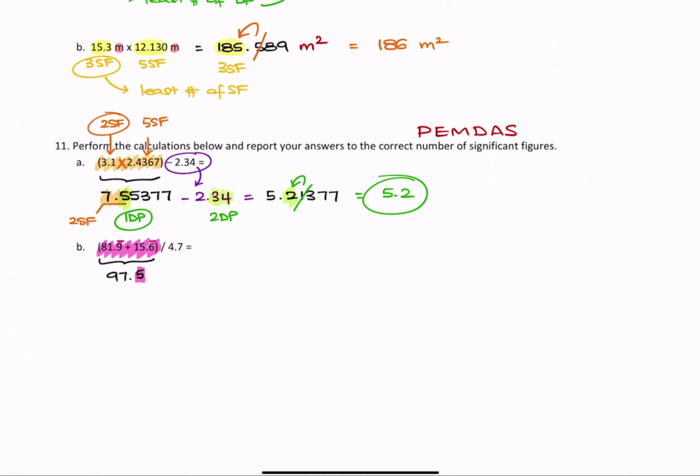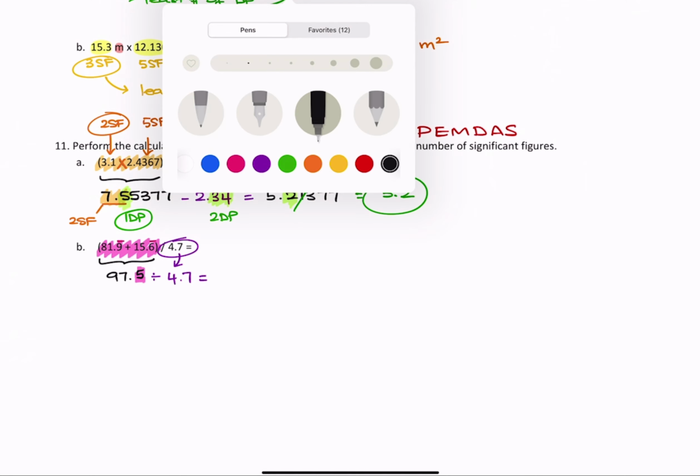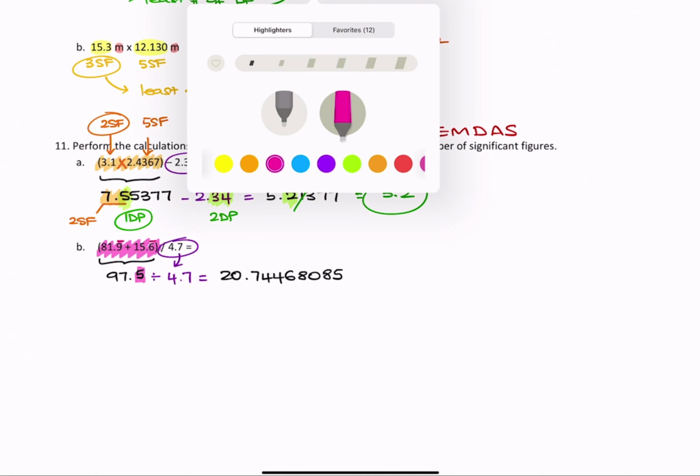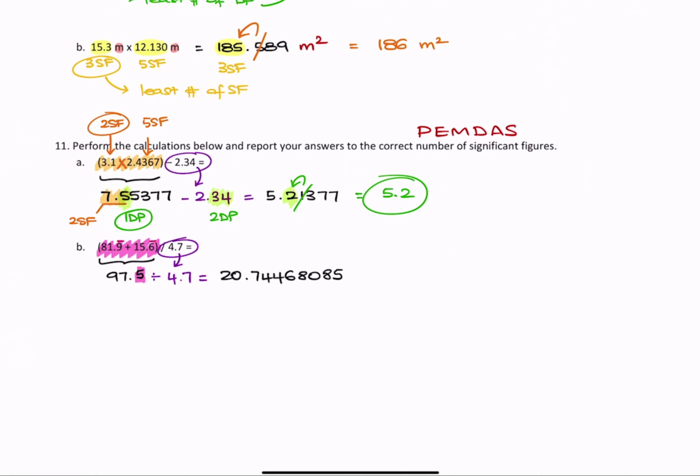And then I'm going to bring down the divided by 4.7. So divided by 4.7 equals, the calculator gives me 20.74468085. But this time it's a division, so I'm going to go with the least number of sig figs.